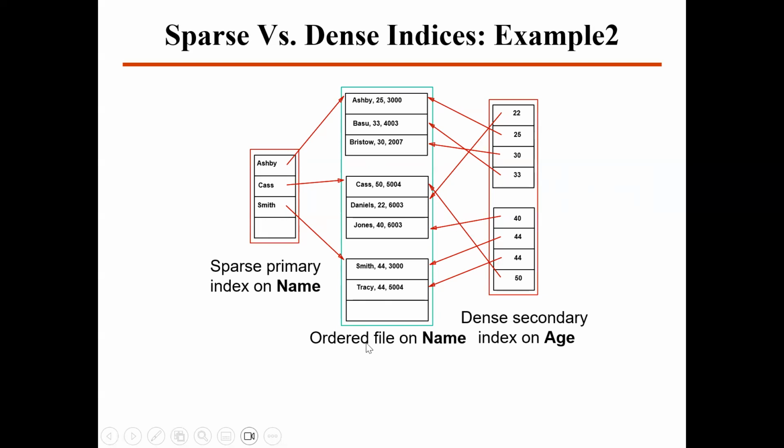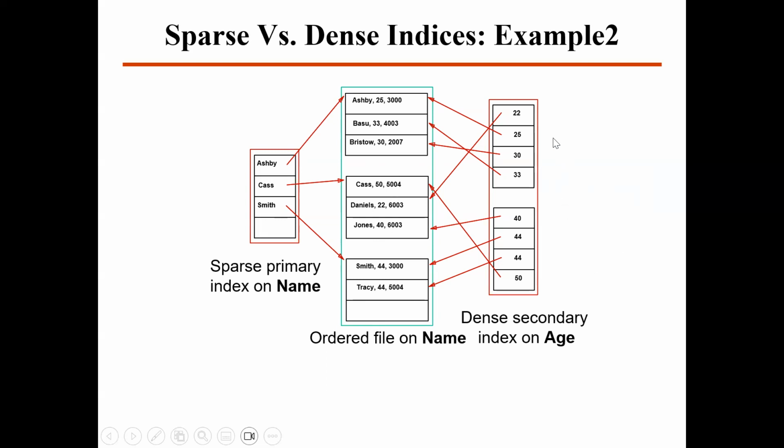Okay, you can make the file ordered based on its name or ID or any other field. In this example, we are seeing that the file is ordered by the name, because you see all things are arranged in an alphabetical order: A, B, B, and then C, then D, and so on.